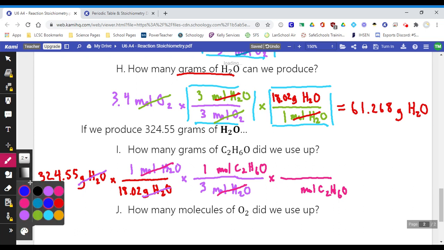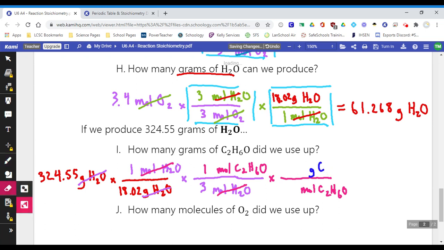I want to get grams of C2H6O. Okay, so this is a molar mass ratio, kind of like what I had right here, except flipped the other way. So in 1 mole of C2H6O, how many grams of C2H6O do I have?